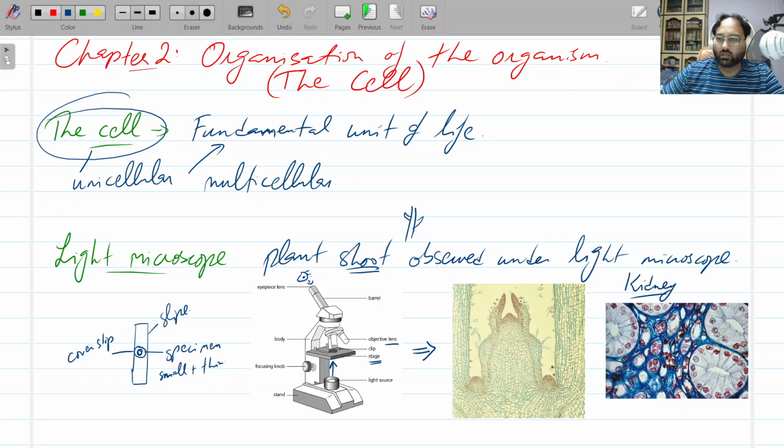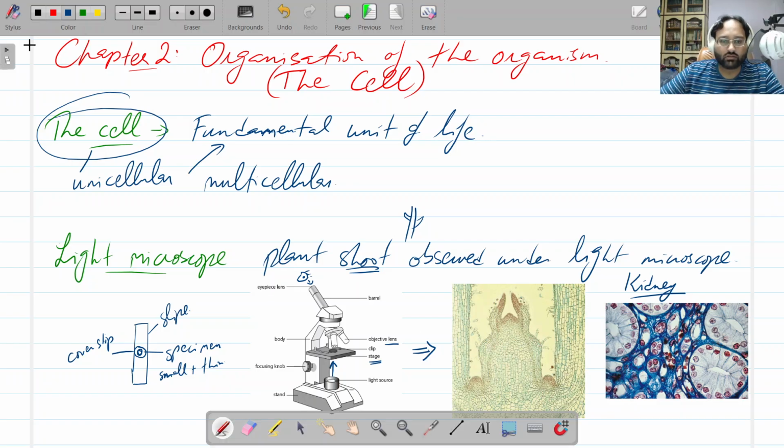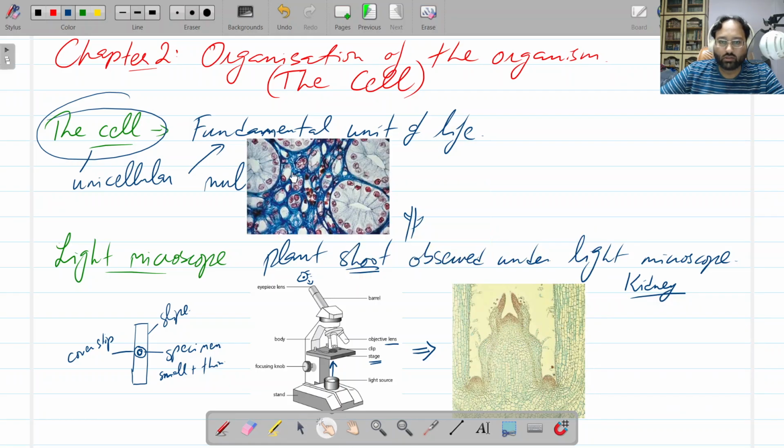The point to note over here is the compartment. So you can see that they're like individual units. Can you make out that difference? The circles are the different compartments. Let me make this bigger. The circles are the cells, right?